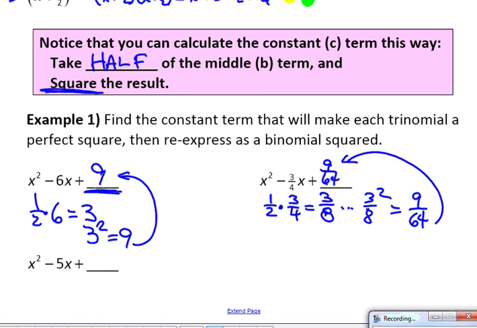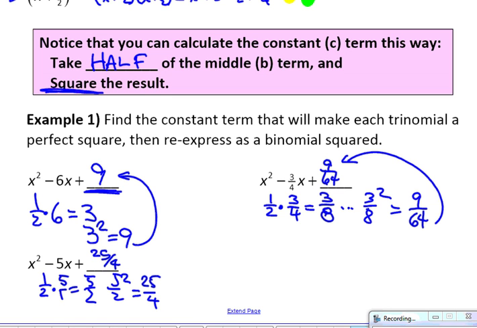For this last one, I'm going to take half of 5. It gives me 5/2, and then I'm going to square it. So 5/2 squared is equal to 25/4, and that's what I'm going to put in right here, 25/4.